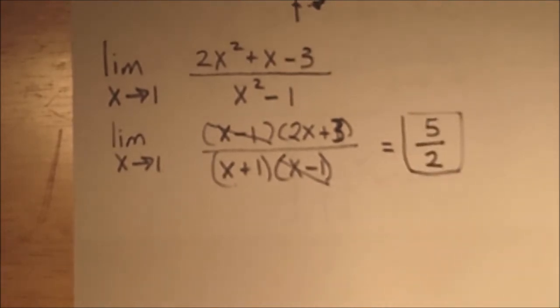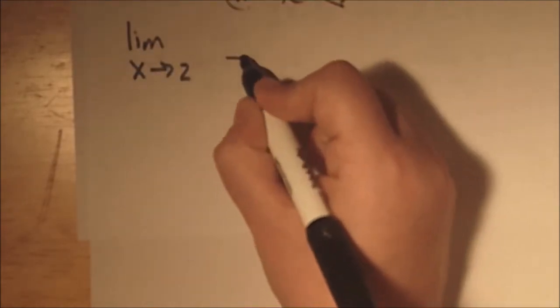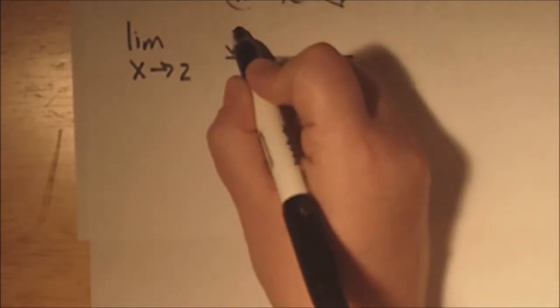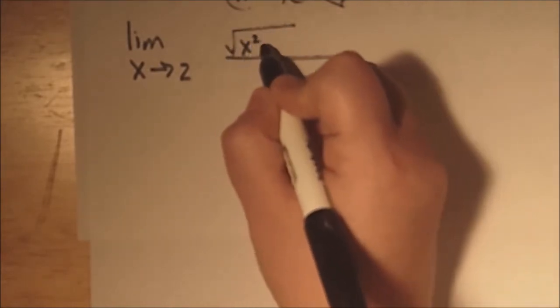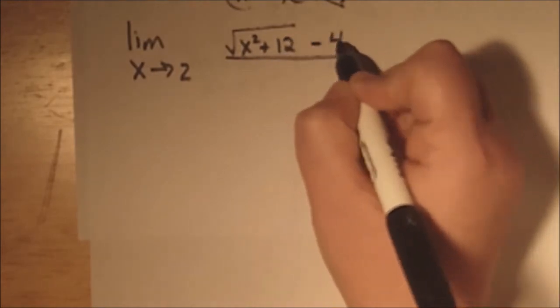All right, so next example, let's look at another case where we would have 0 over 0, but we can simplify or rewrite our expression. Let's look at one with a radical. Every time we see one of these examples with the radical, we should immediately think about using the conjugate.